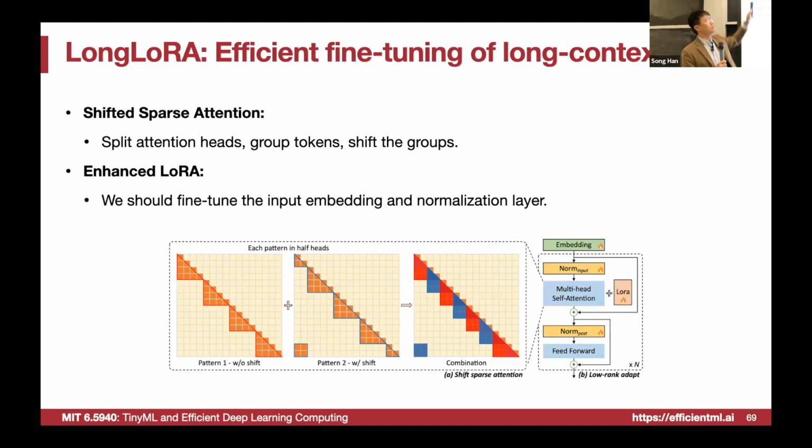One is the shifted sparse attention. The attention mechanism is taking a lot of the compute, a lot of the flops, especially as you get longer and longer, you can imagine the attention map is growing quadratically.